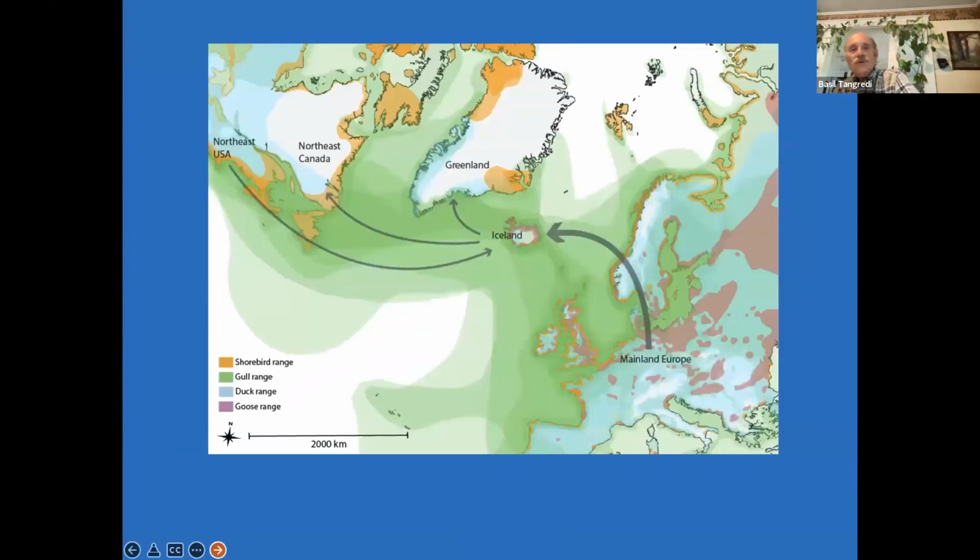Now, how's it getting to North America? Well, here we've got Europe, mainland Europe, and here's Greenland and northeastern Canada. This blue and this reddish purple, this is the range for the anseriform birds, the ducks and the geese. And our sandpiper range is this yellow, but the green is the gull range. And the gull is the link between the anseriform birds here in Europe and the anseriform and also the shorebirds here in Canada, all going through Iceland.